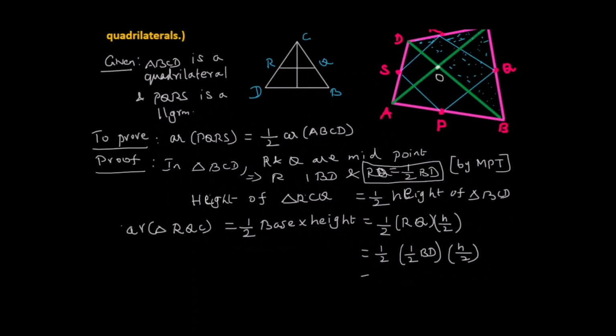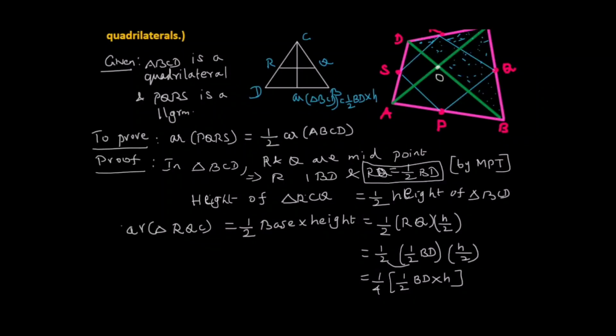I multiply this 2 alone: 1 by 4 into 1 by 2 times BD into H. Now the area of triangle BCD is half of BD into H, so we can replace that here.